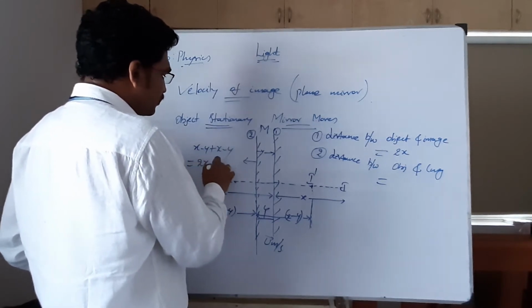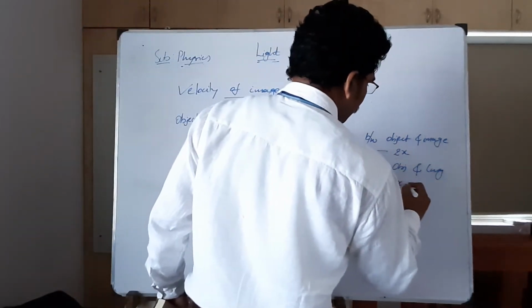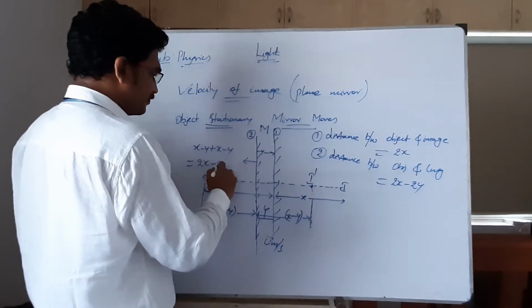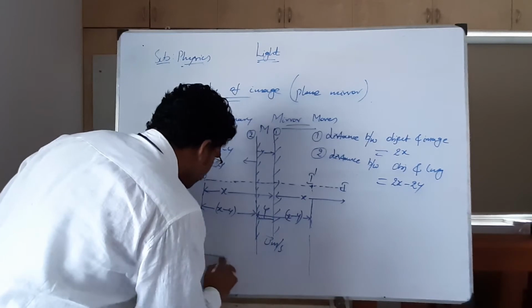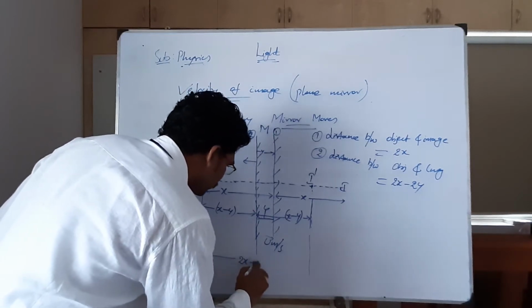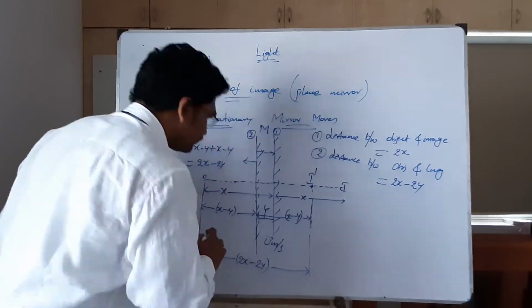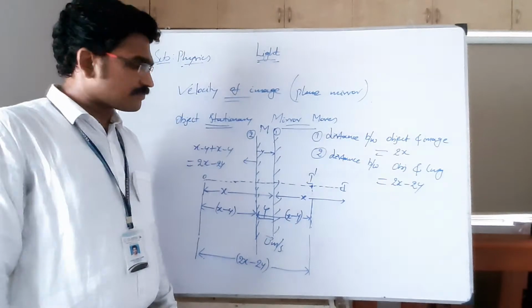It is going to become 2x minus 2y. So from here to here, this distance is 2x minus 2y. This is what you should understand, 2x minus 2y.